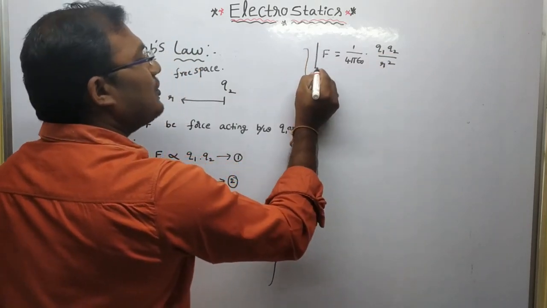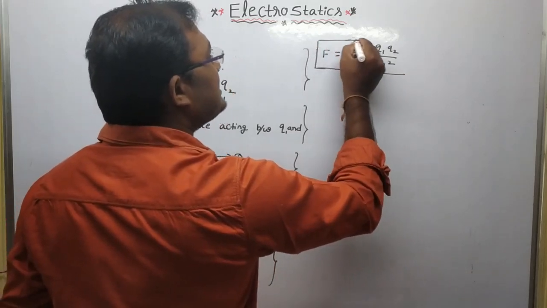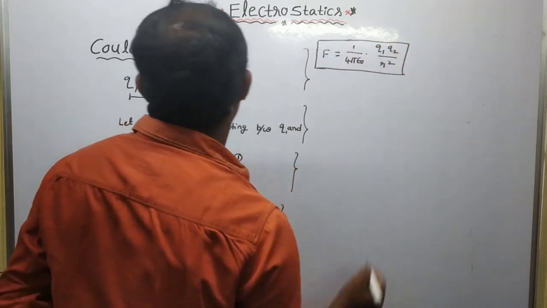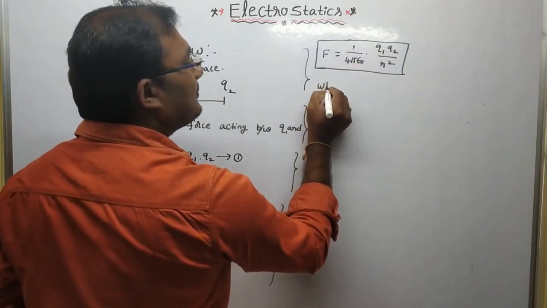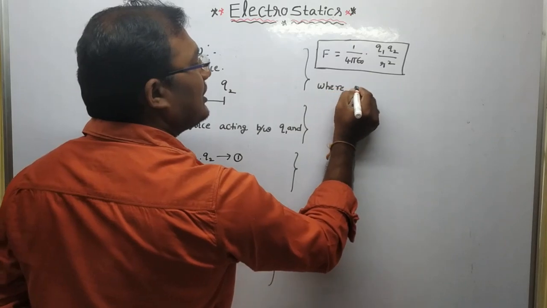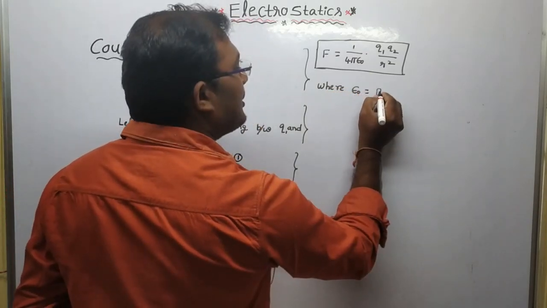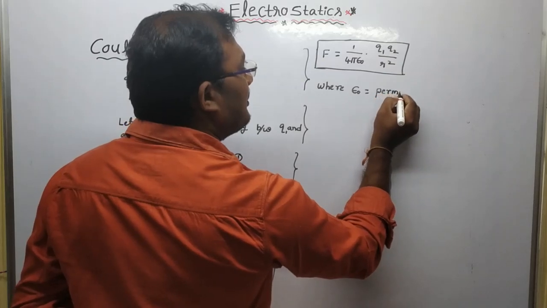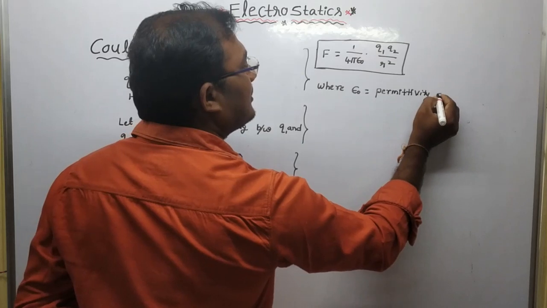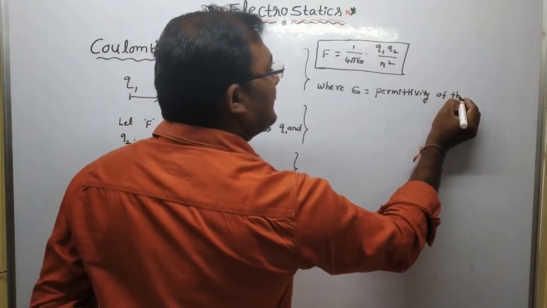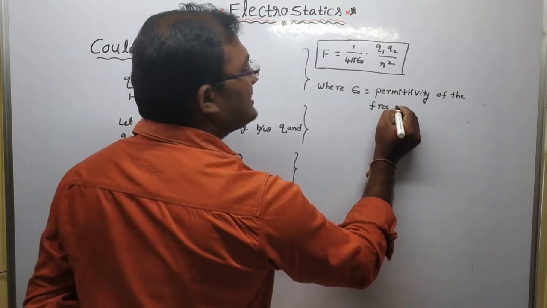which is the force acting between any two stationary point charges placed in vacuum, where epsilon naught equals the permittivity of free space.